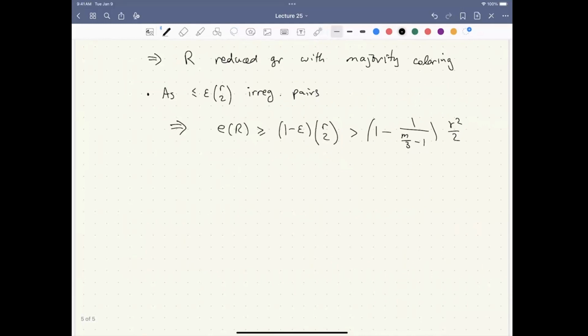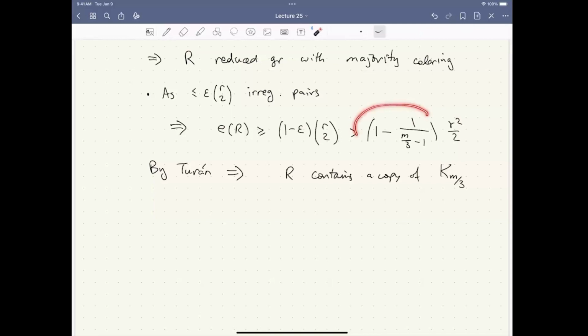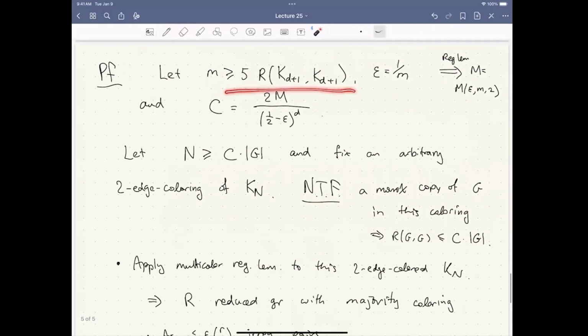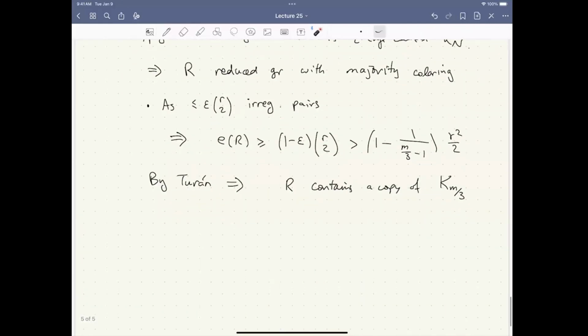Now by Turán's theorem, we get that R contains a copy of K_{m over 3}, the complete graph on m over 3 vertices. But what is m? M is larger than 5 times the Ramsey number. So m over 3 is still bigger than the Ramsey number for K_{D+1}.